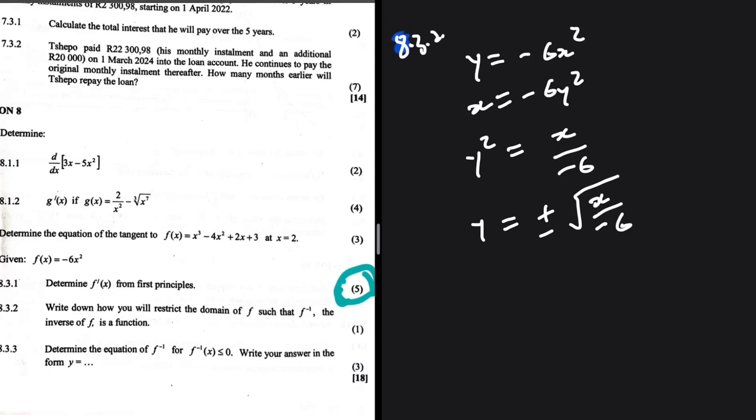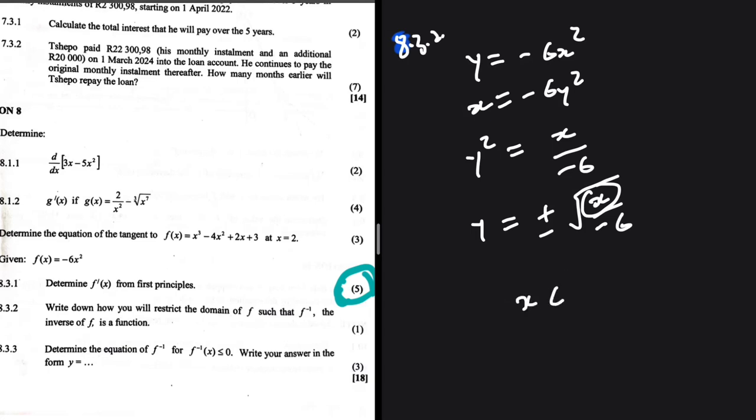So you can see that we need values of x to be negative here, because when values of x are negative, it ensures that the square root is defined. Because if x is positive, it's not going to be defined, because we cannot take the square root of a negative number. Well, we don't need it to be greater than 0.